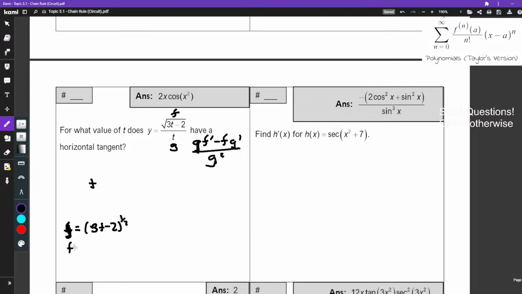So we have f is equal to u to the 1/2. F prime is equal to 1/2 u to the negative 1/2 times du. Here we know u is equal to 3t minus 2, and du is equal to 3.